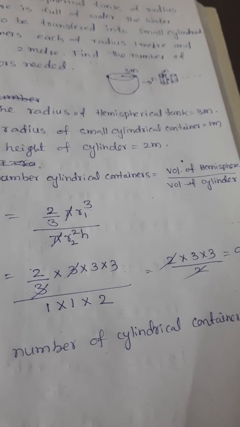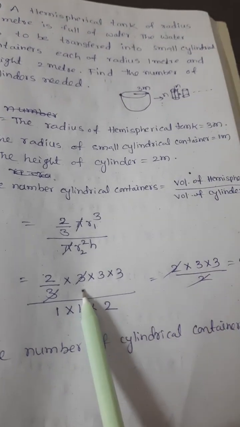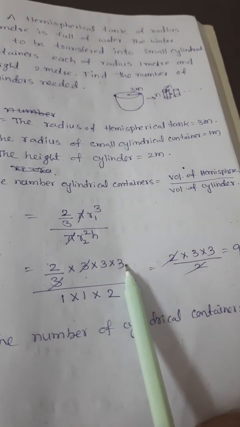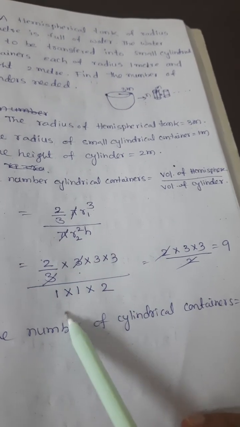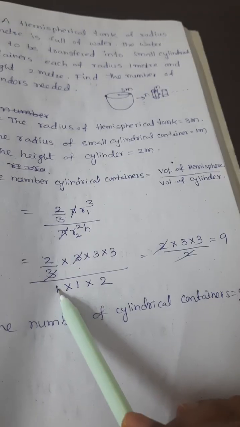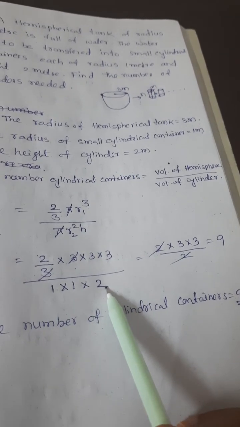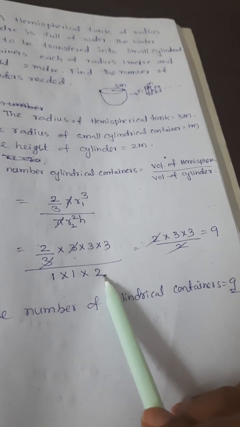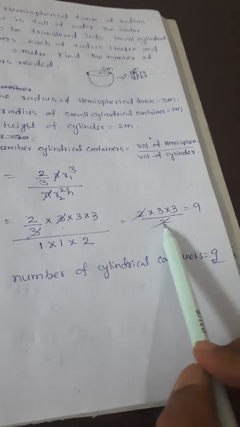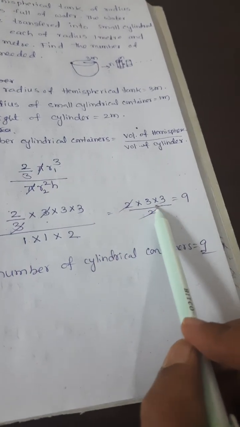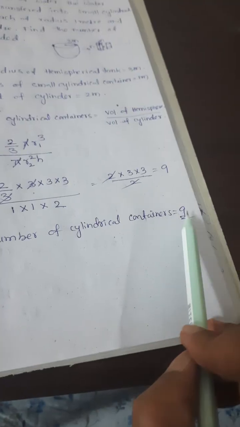Substitute the values in this formula: 2 by 3 into pi into 3 into 3 into 3. Here 3 means the radius of the hemisphere. Here 1 means the radius of the cylinder, r square into h. h means 2 meters. So 3 cancel, 2 into 3 by 2, 2 cancel. Here 3 into 3 is 9. So the number of cylindrical containers is equal to 9.